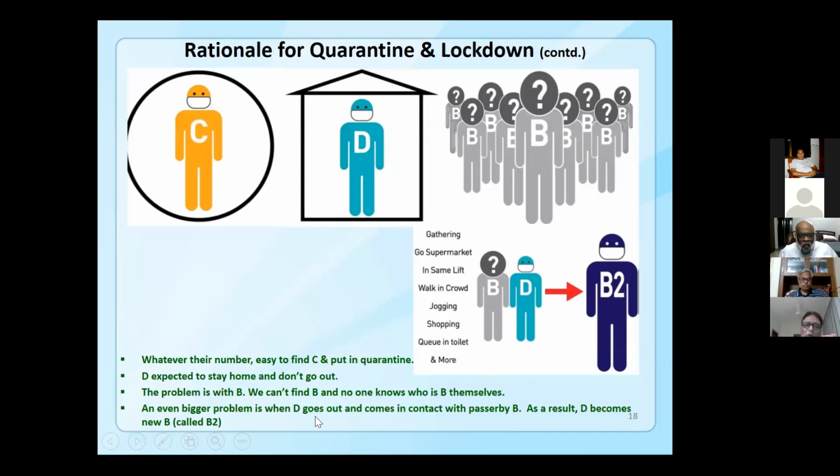And an even bigger problem is when D goes outside, D who is at home after the lockdown, in order to get some essentials, goes out in contact with B, and then as a result, D now becomes the new B, or called B2. So the whole issue here, why we do quarantine, why we do lockdown, is to try to minimize the contact of A with B and thereby reduce B2.